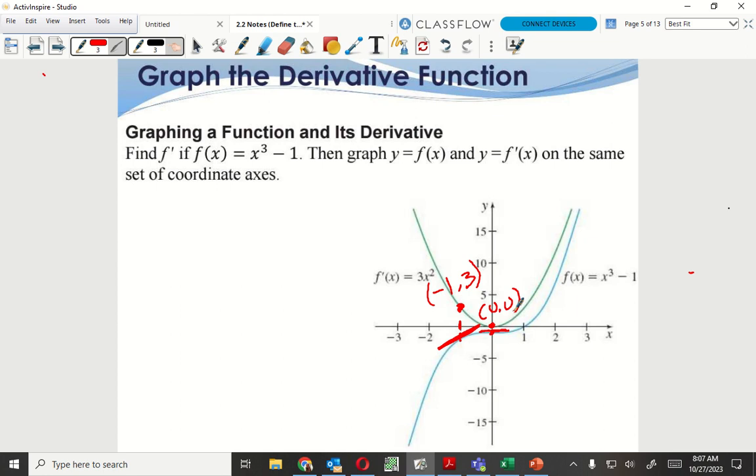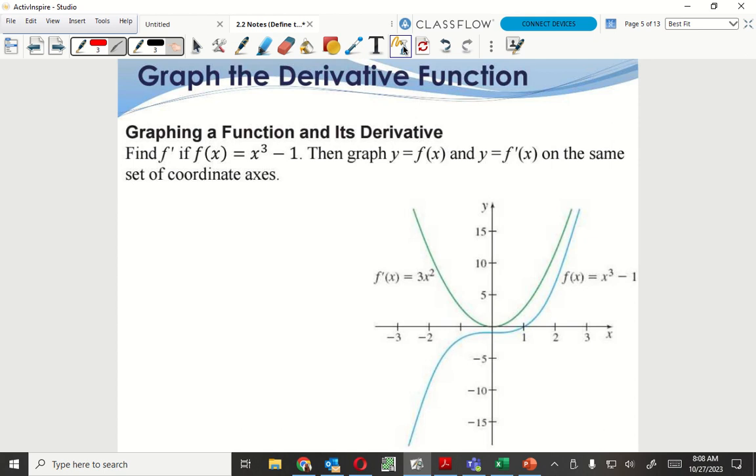Okay? So now, if I'm looking at every single y value on the green line, what can you tell me about every single y value on the green line? Yep. They're all positive. Very good. Good job. So they're all positive, right?